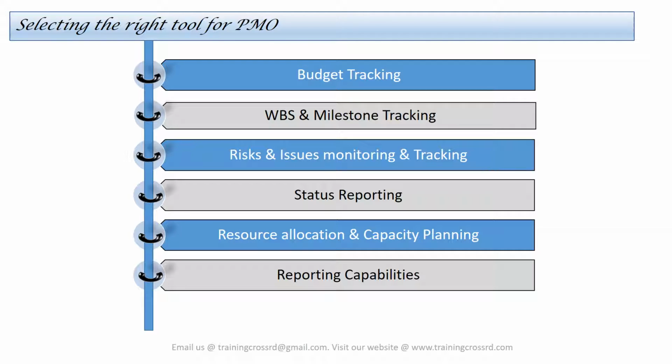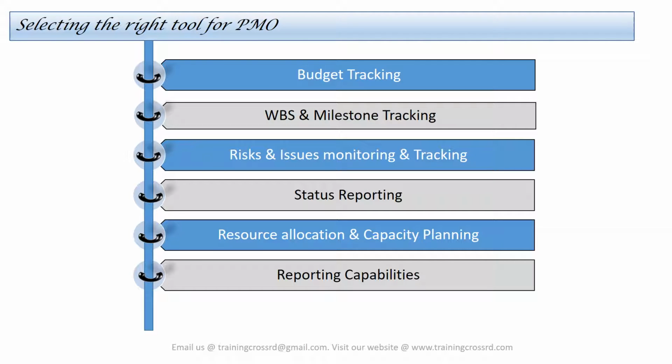Lastly, does this tool provide us a sufficient amount of data in the form of a dashboard where we can see a cumulative status of all the projects in terms of whether they are adhering to the cost, are they on time, and are they on scope, which means is there a provision which the tool provides to track the change request as well.